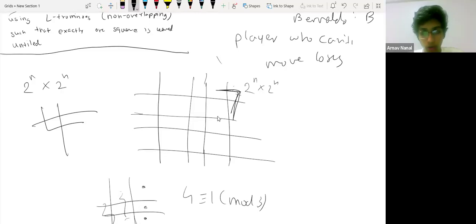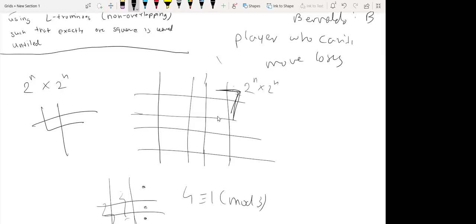Could you elaborate a bit? The argument is correct. I proved that for any 2^n by 2^n board, we always have one remaining square, which we can arrange.